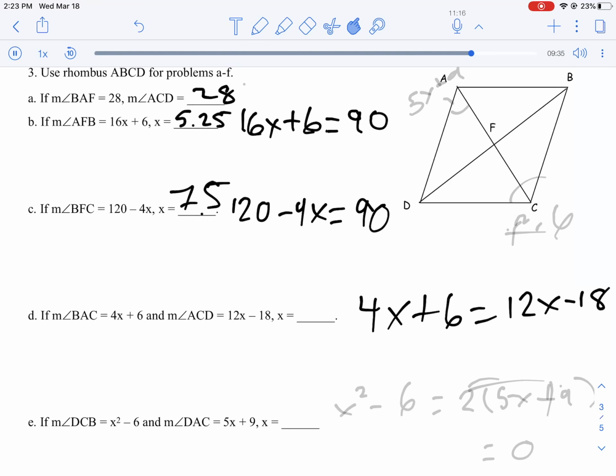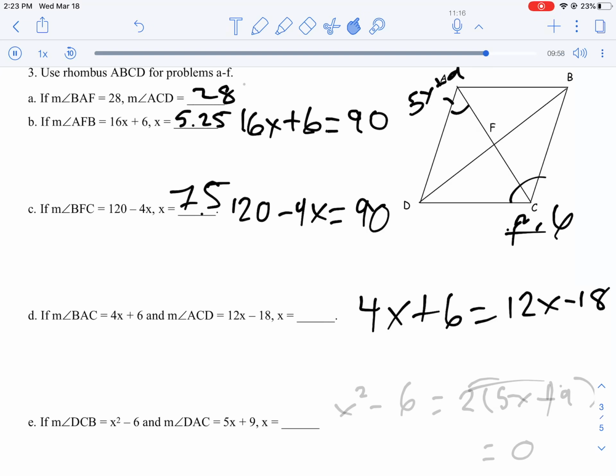Question E, DCB, this whole angle here, is x squared minus 6. And angle DAC, half of that angle A, is 5x plus 9. Now, these are not equal.